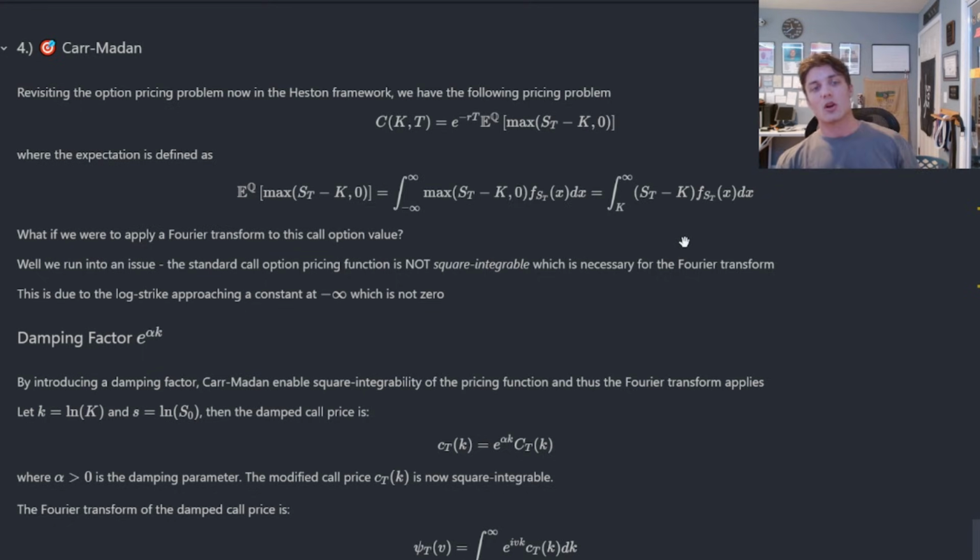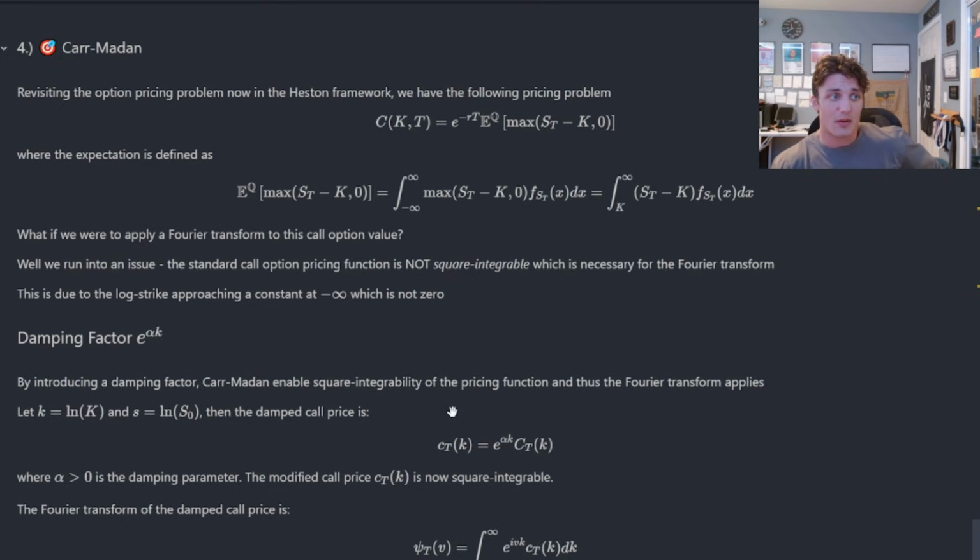Well, Carr-Madan introduced this idea of a damping factor, and it's this exponential term here. And what they're doing is they're just scaling the call price by this exponential factor. So I have this new C term here, which is equal to the product of the original call price times this damping factor. Okay?